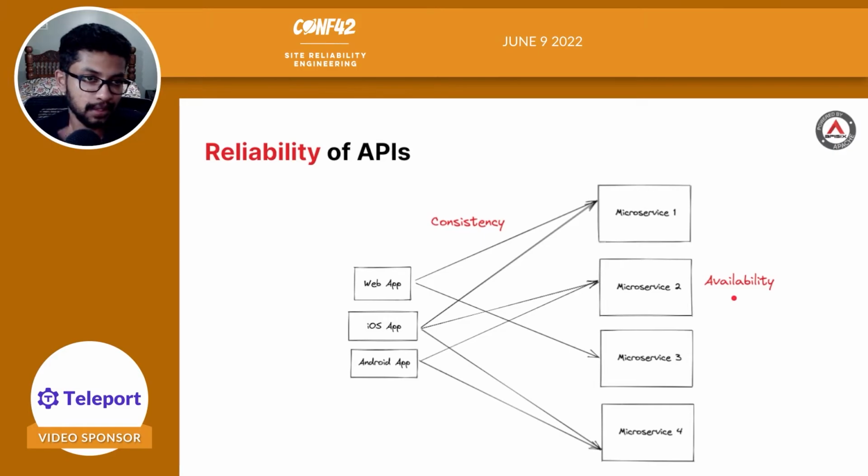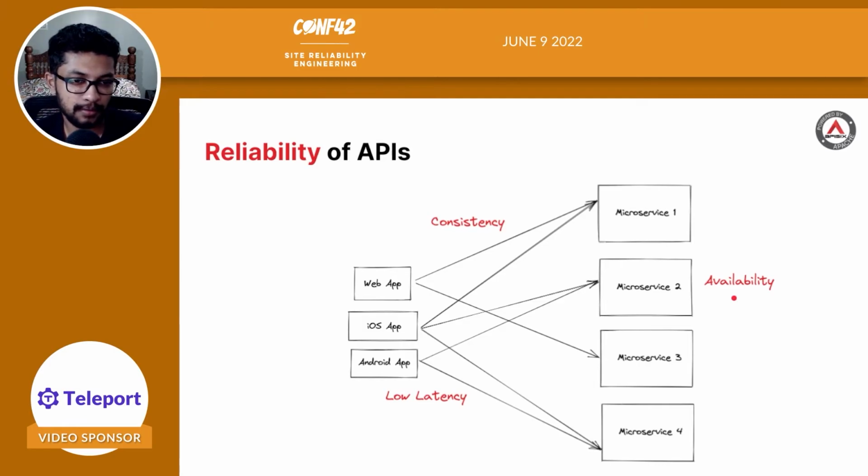Availability directly translates to uptime. So we want to make sure that your API is available all the time, or as expected, and the consumers of the API don't have app crashes due to a lack of response from your API. And low latency.